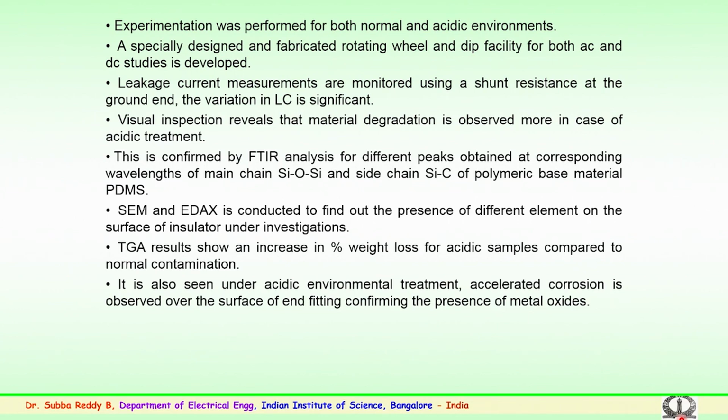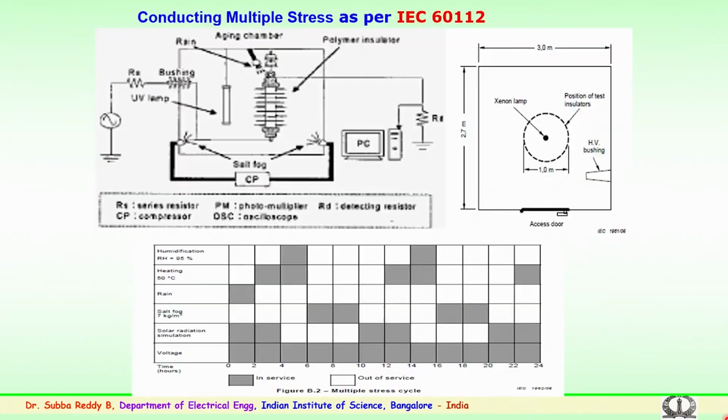This confirms the presence of metal oxides. So, these are some of the important observations during the rotating wheel experimentation, which give an idea of the morphological changes and chemical changes happening on the insulator and metal parts.